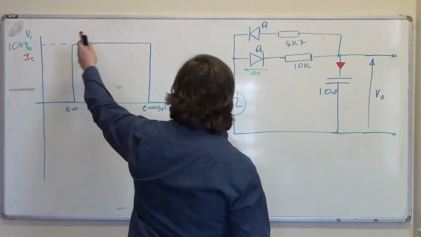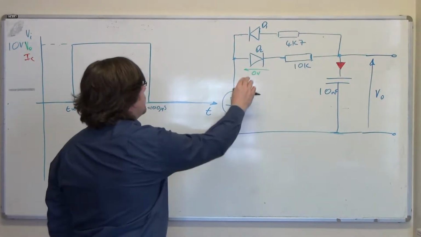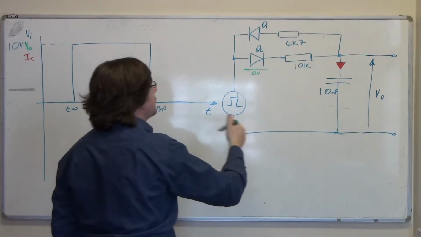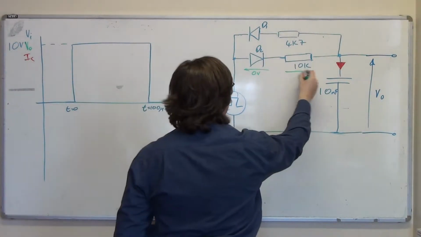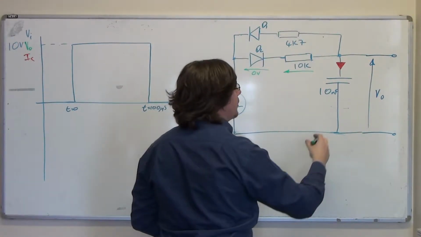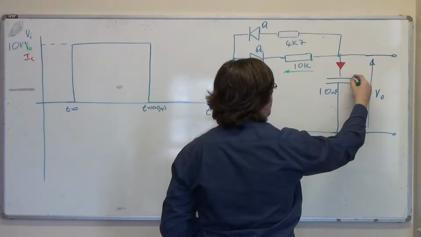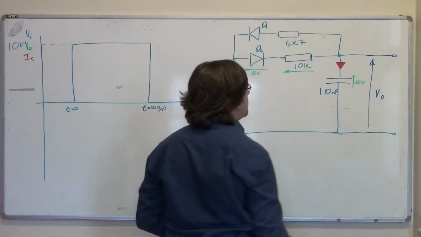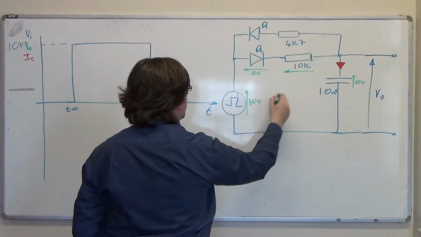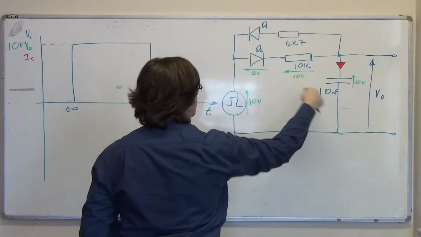So as soon as this edge goes into the circuit, the diode conducts and 0 volts across it, and then we've got the voltage across the 10k, and we're assuming that the capacitor's been discharged for a long time, so it's got 0 volts across it. So we've got 10 volts here, which is how we end up with 10 volts there, because there's 0 everywhere else.